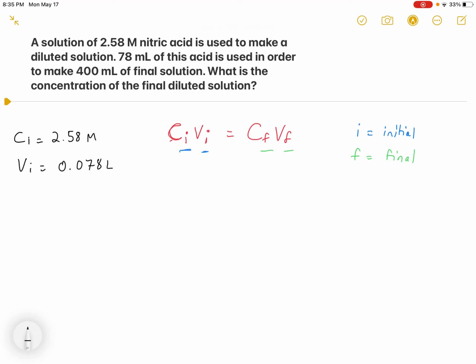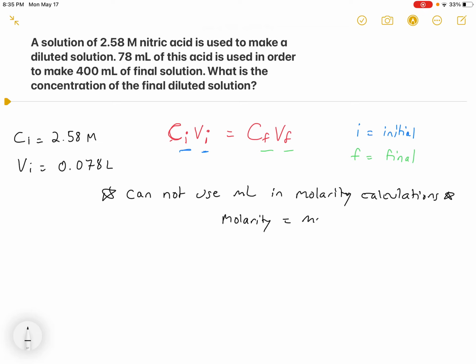Again, we were given 78 mils, but we cannot use milliliters in molarity calculations. You must convert it into liters because remember, molarity equals moles per liter. Right? Liter, liter, liter.